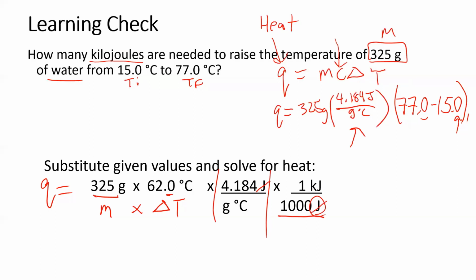So the unit of joules cancels, the unit of grams cancels, the units of degrees Celsius cancel, and I'm left with kilojoules. And I get 84.3 kilojoules is required to raise the temperature of 325 grams of water from 15 degrees Celsius to 77.